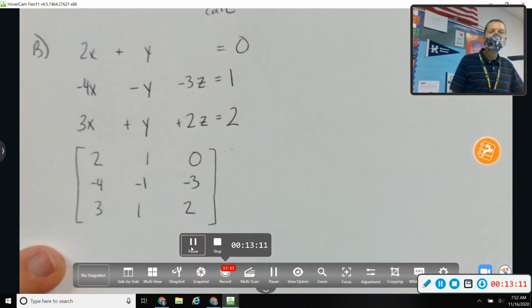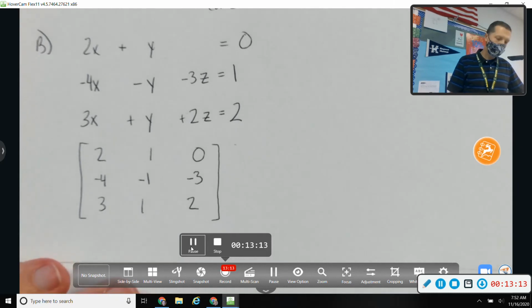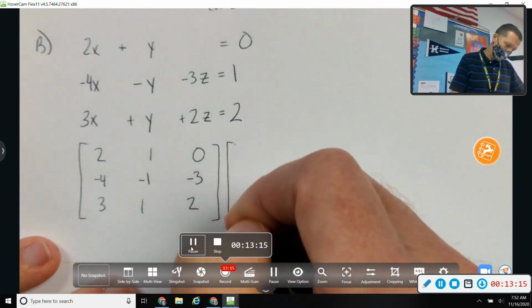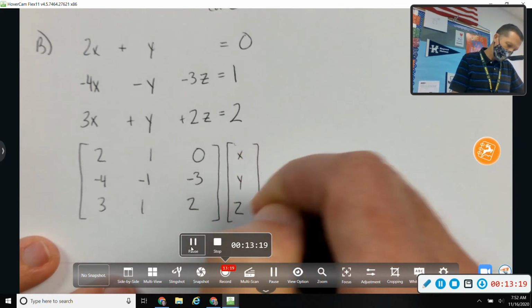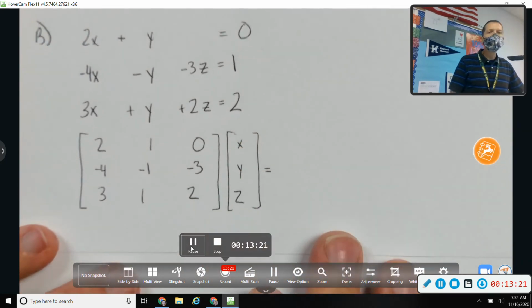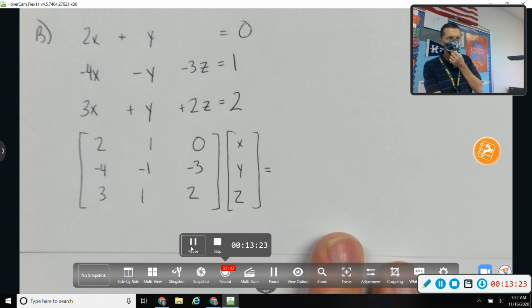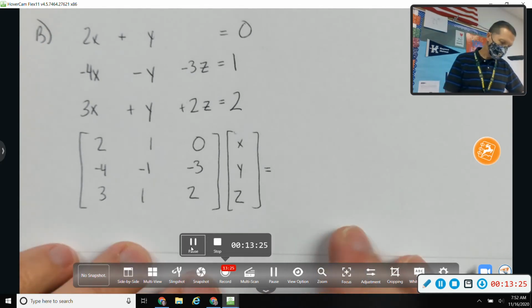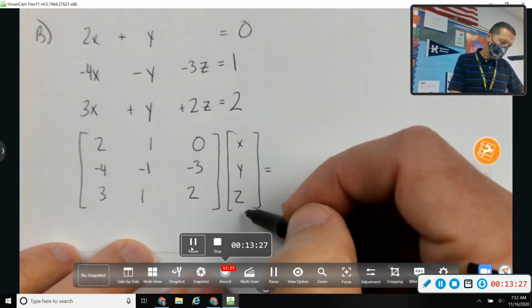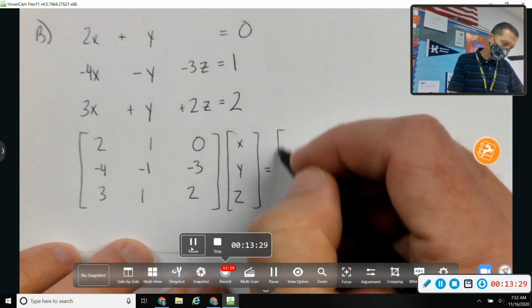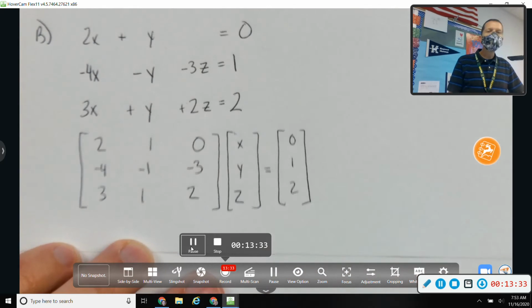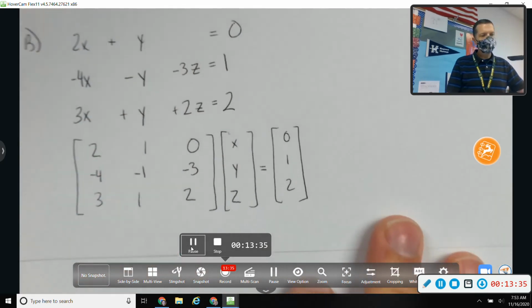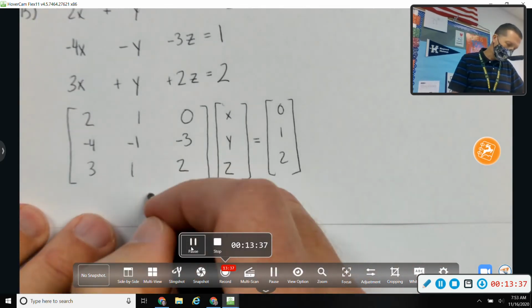So there's my coefficient matrix. X, Y, Z, my variable matrix. 0, 1, 2, my answer matrix. And now it's time to go to the calculator.